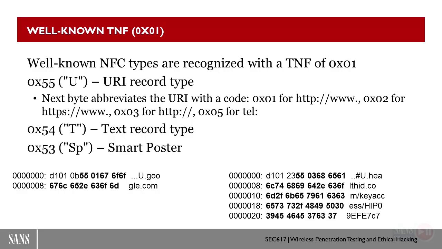In this case, we see that we have a URL of healthid.com/key access and a unique string. This is from one of those wrist bracelets that you'd use if you had a medical condition, diabetes or high blood pressure, those types of things, so that when first responders show up and you've called 911, they can look at your bracelet and see that you have a pre-documented medical condition.